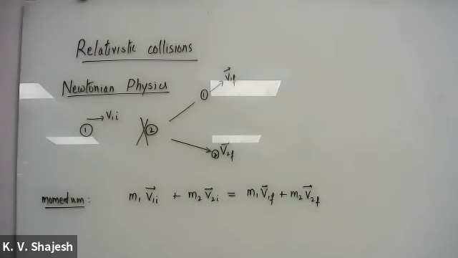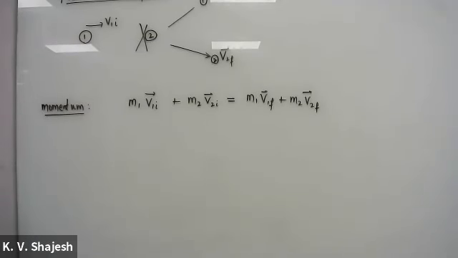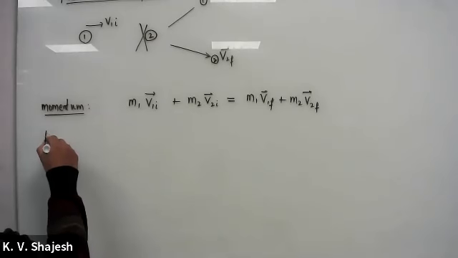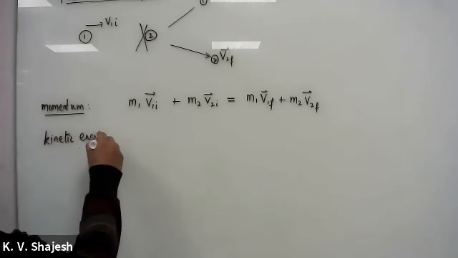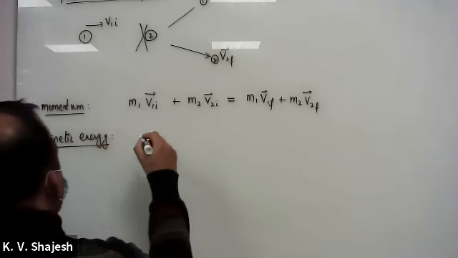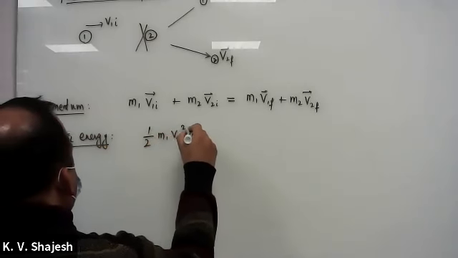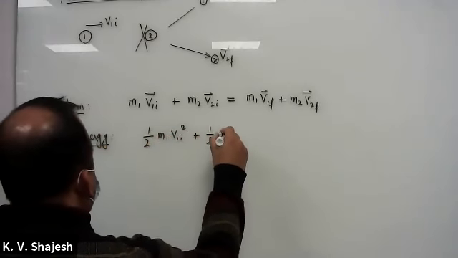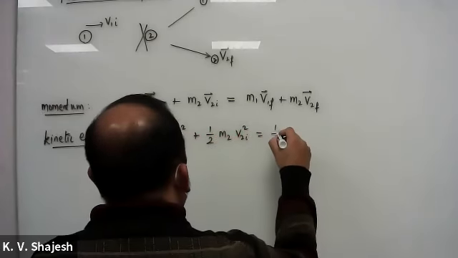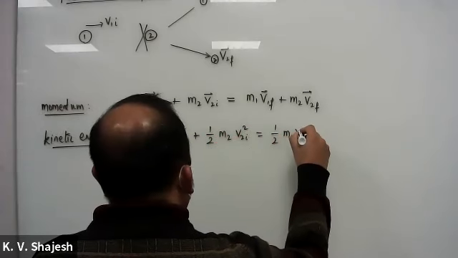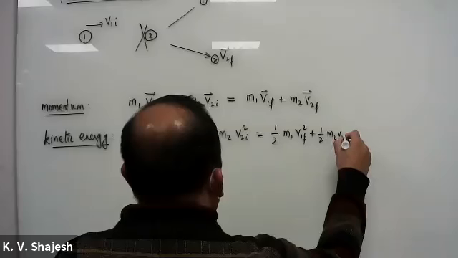That's your momentum conservation equation, and your kinetic energy is also conserved during a collision. Right, so you would say this is half m1 v1 initial squared plus half m2 v2 initial squared is equal to half m1 v1 final squared plus half m2 v2 final squared.